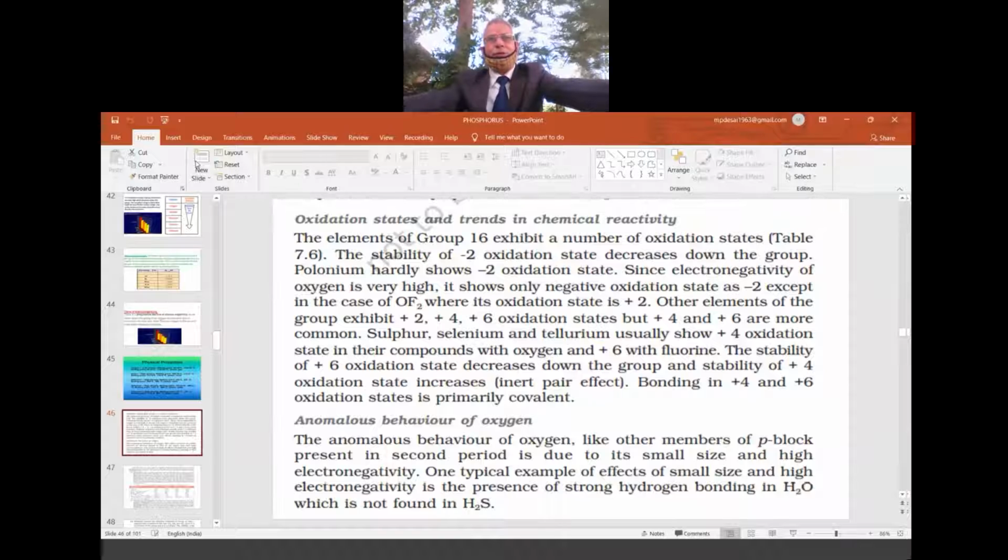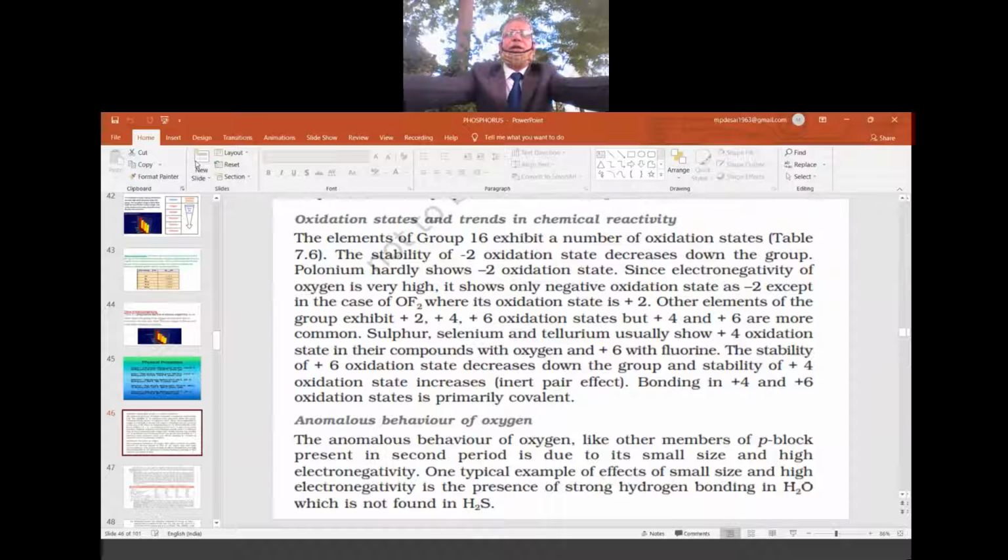Whereas in the case of other members, the principal quantum number 3 enters: 3s2 3p4, 4s2 4p4, 5s2 5p4, and so on. In sulfur the principal quantum number is 3, so 3s2 and 3p4 are there, and when 3s and 3p are there, 3d has to be there. So 3d is empty but available. But in the case of oxygen, there is no d at all.